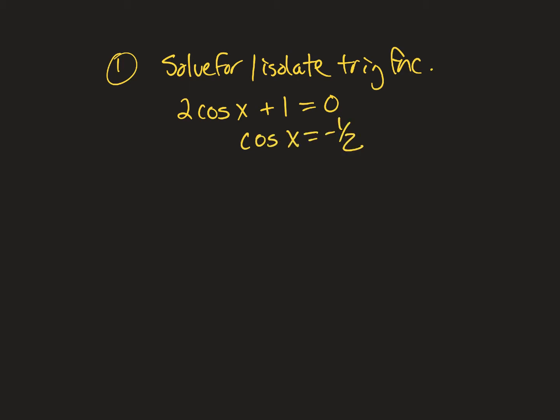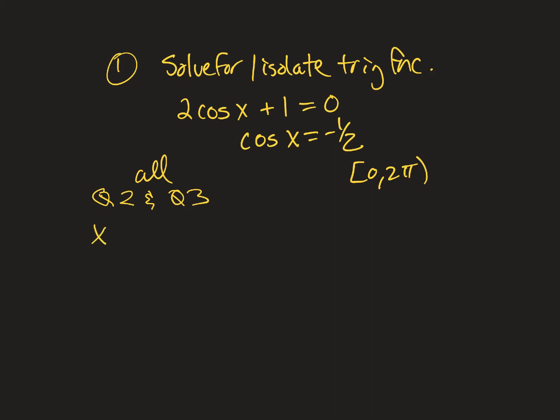And let's do 2 types of solutions. Let's do the solution where you're going to give me all, and then the solution where you give me between 0 and 2 pi. So all solutions, well, cosine is negative in, I need to make sure that I'm hitting all of quadrants 2 and 3. And so the quadrant 2 angle would be 2 pi over 3.